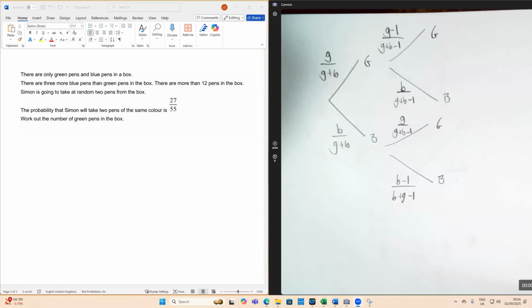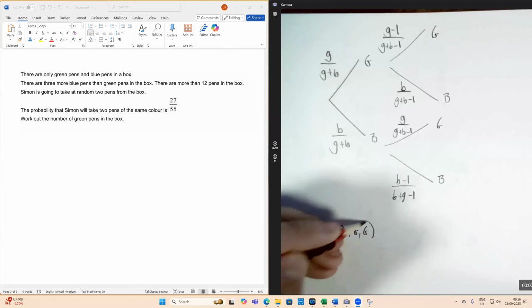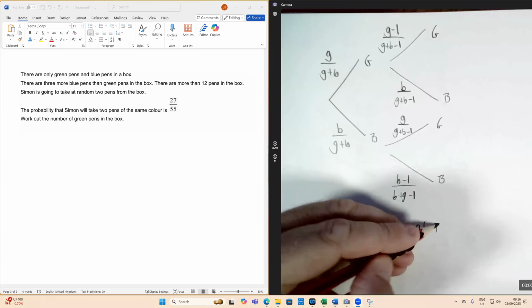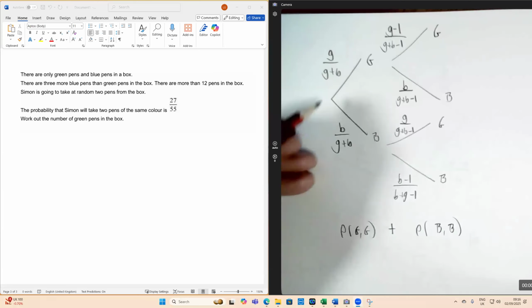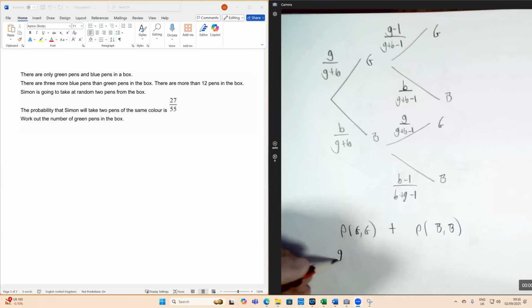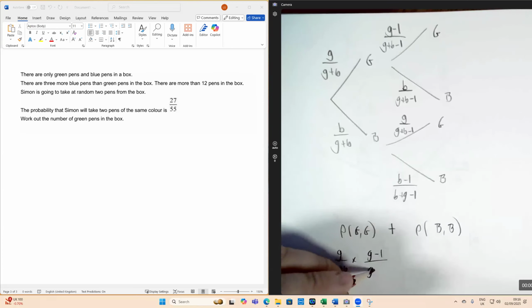Now, what are we told? We're told that Simon taking 2 pens of the same color is equal to 27/55. So we need to work out the probability of green and green, and add that to the probability of blue and blue. Green and green, you remember we multiply along the branches, so that is G over G plus B times G minus 1 over G plus B minus 1.